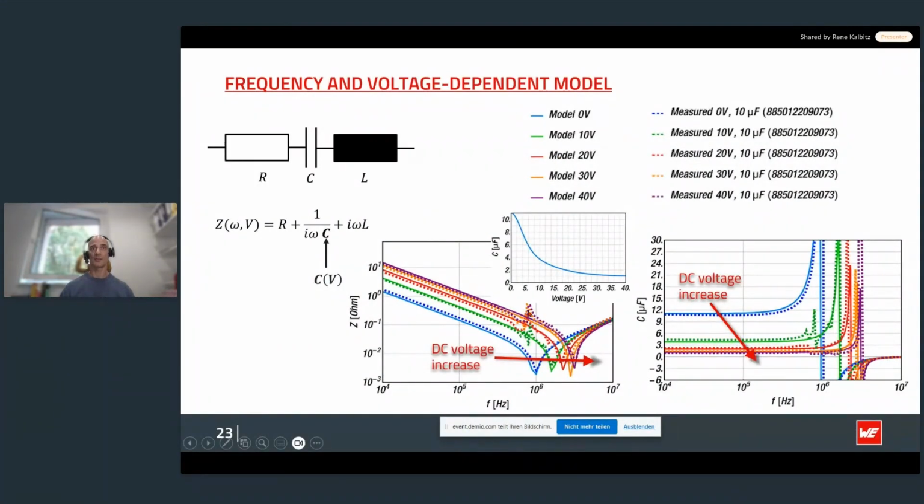As you can see, apart from some smaller measurement artifacts, the model describes the actual measured data pretty well. So we can say we have a model that fits the real world at the end.